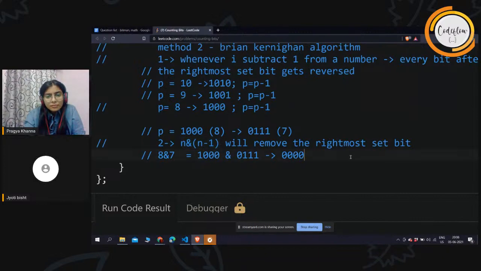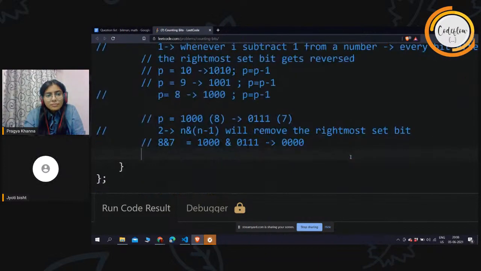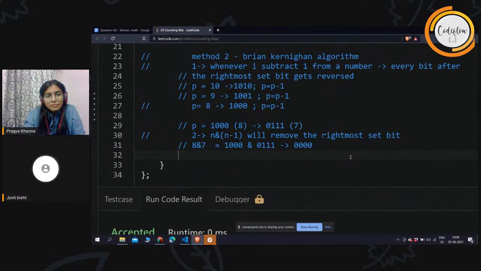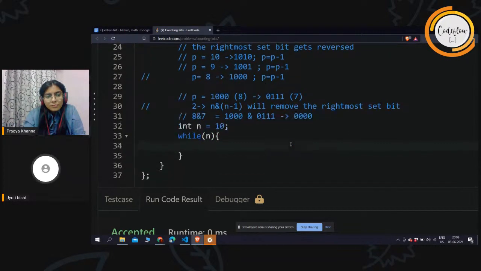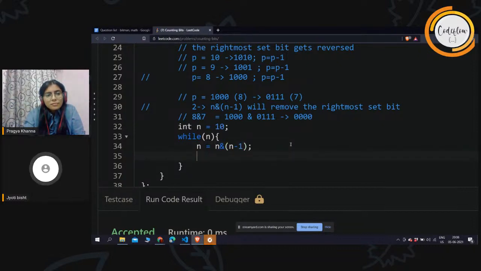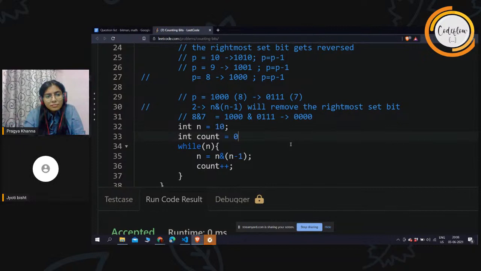Right? I will be left with nothing but zeros, and at that point the value of my count will give me the answer. See, what I'm trying to say is, I have this number n, int n is equal to 10, and while n is greater than 0, what I do is I do n and n minus 1, and I store it in n, and I do count plus plus, and int count is equal to 0.